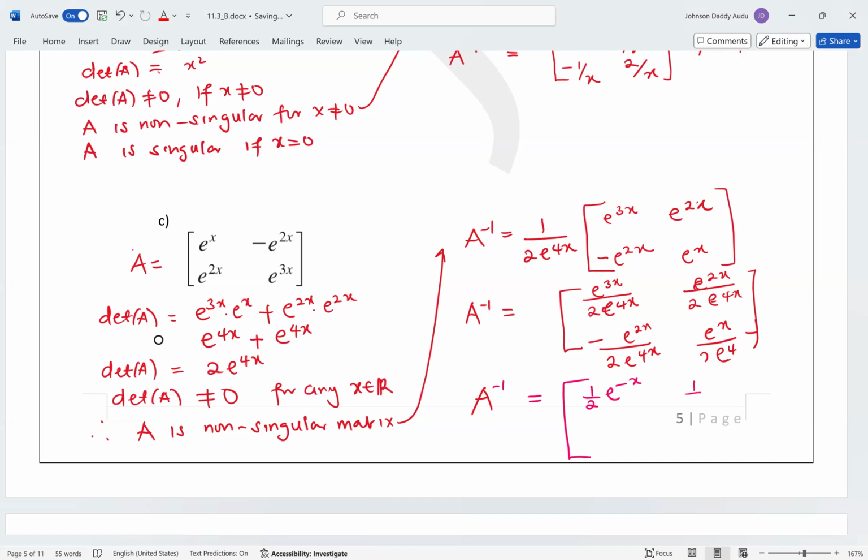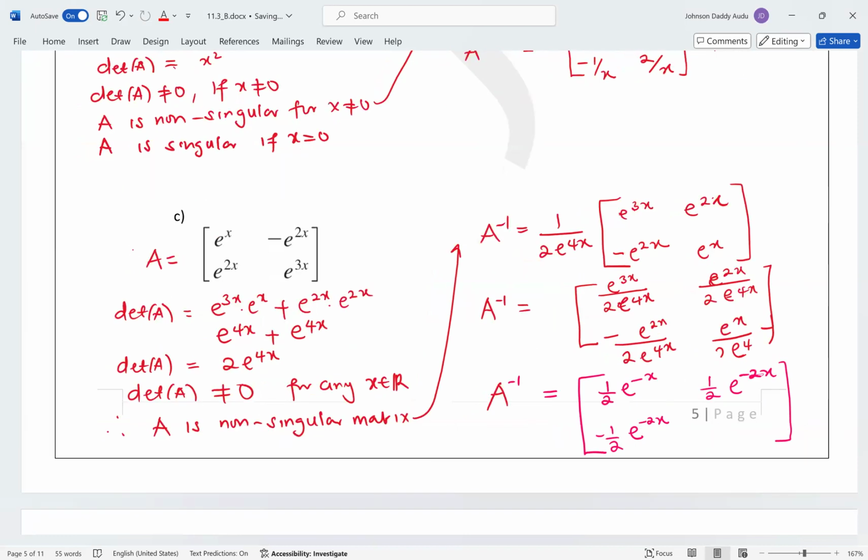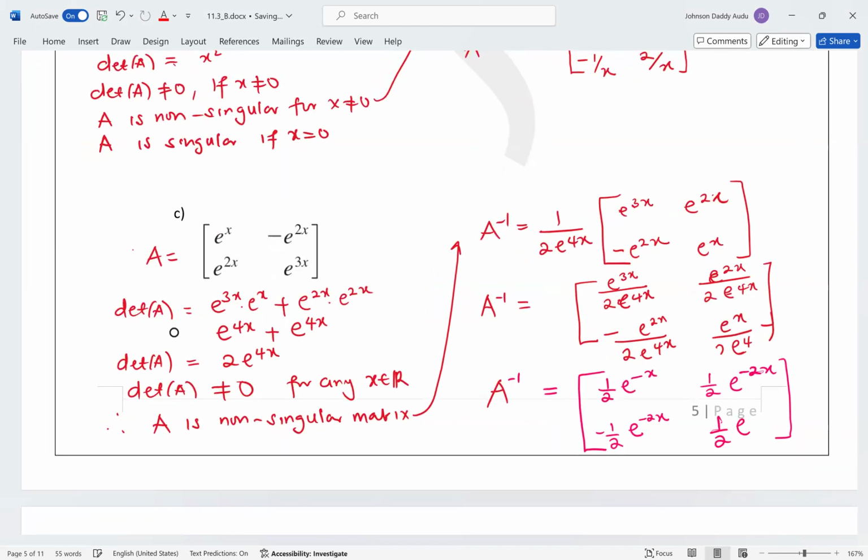And this also will be half e to the power minus 2x. This will be minus half e to the power minus 2x. And here will just be, I think it's half e to the power minus 3x. So this is A inverse.